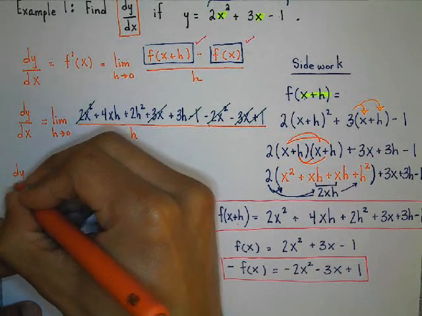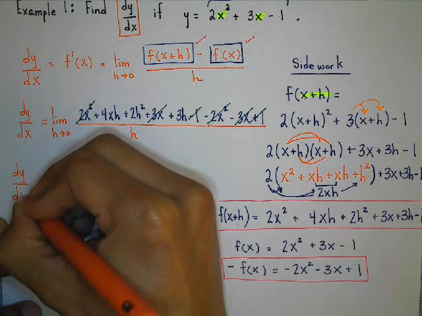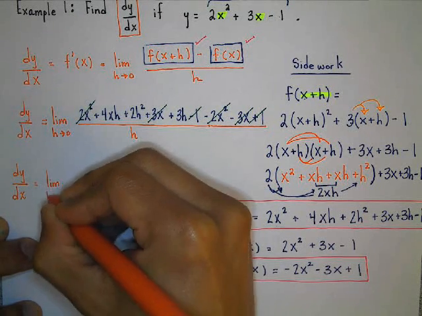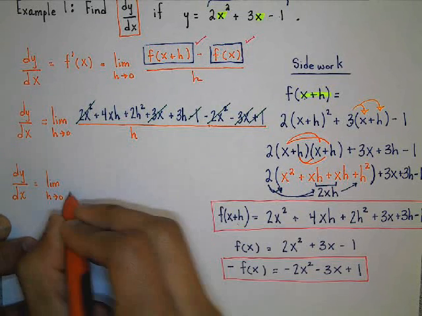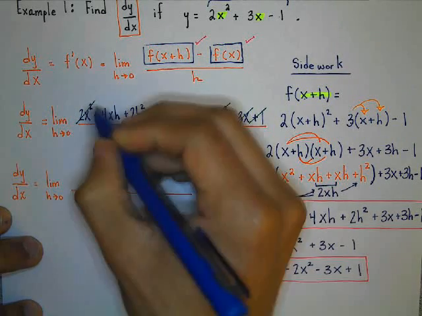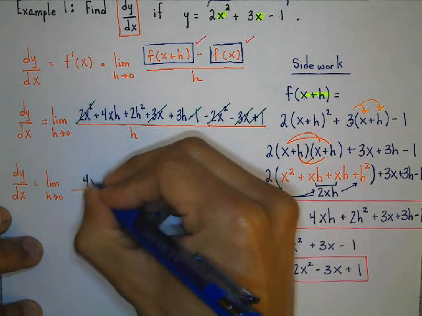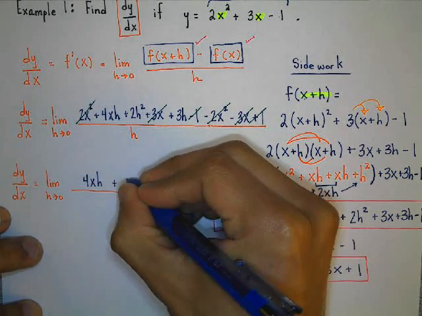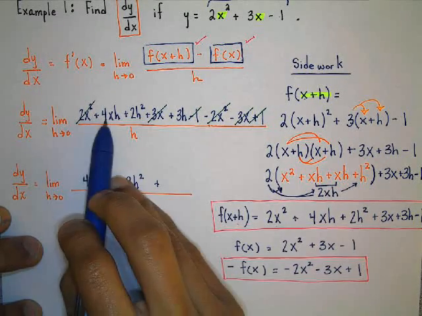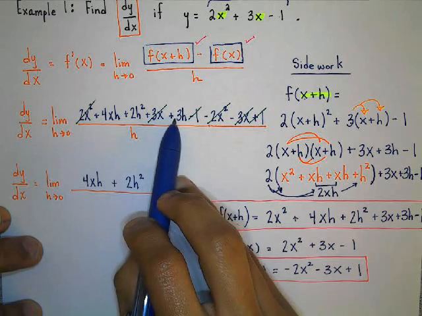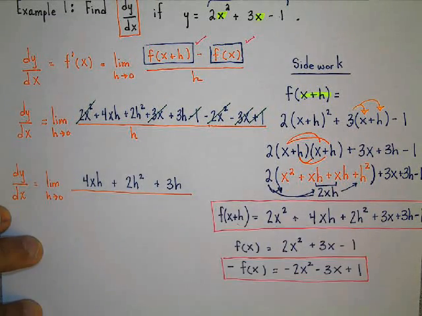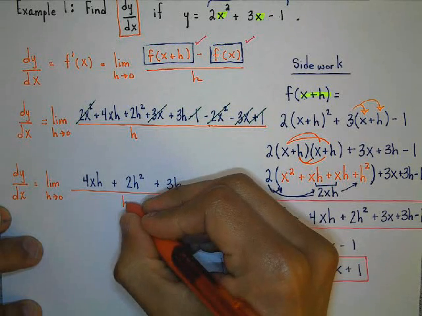So here we're going to have, again, dy dx is equal to the limit as h approaches 0. And let's see what's left over in the numerator. We're going to have 4xh plus 2h squared plus 3h. And this is, again, all divided by h.